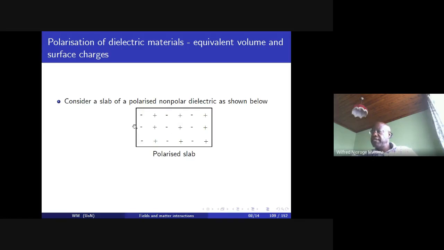But at the surfaces, we have the uncompensated negative tail of the dipole and the positive head of the dipole, as shown. Suppose we consider an element of surface delta S inside the dielectric, where we just cut down the slab.